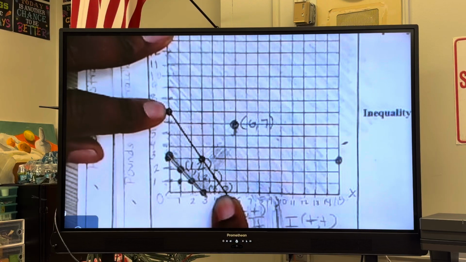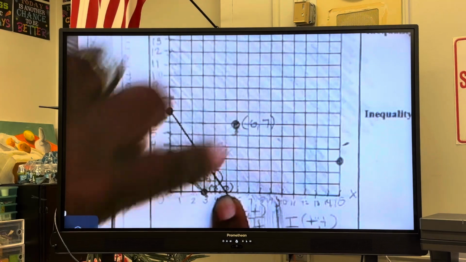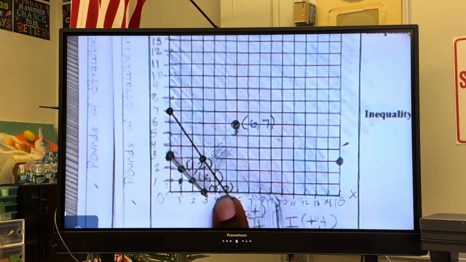Are y'all with me? Now, you told me that symbol was y is less than. Where are the values less? Above or below? Below. And what was this line about? The first line was about pounds. This line is about dollars. And what was that maximum amount she wanted to spend? 21.